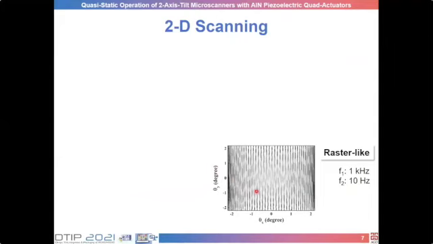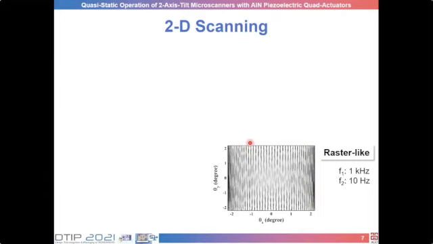With that, the most straightforward way is to apply the frequencies in this way. F1 is the fast axis, and F2 is the slow axis. With that, this type of raster-like scanning can be obtained. However, there is some dense area and a coarse area.